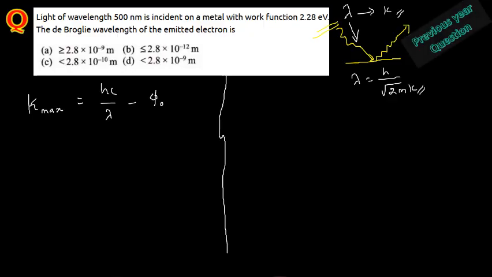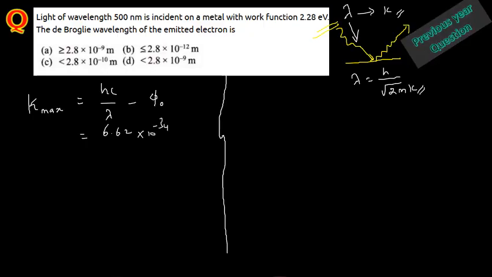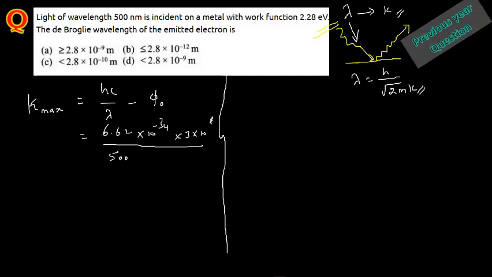Now hc, you already know, 6.624 into 10 power minus 34, and 3 into 10 to the power 8, divided by lambda. What value have they given? That is 500 nanometer. Nano means 10 power minus 9 meter.